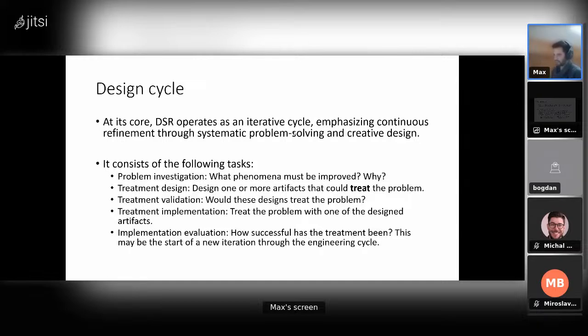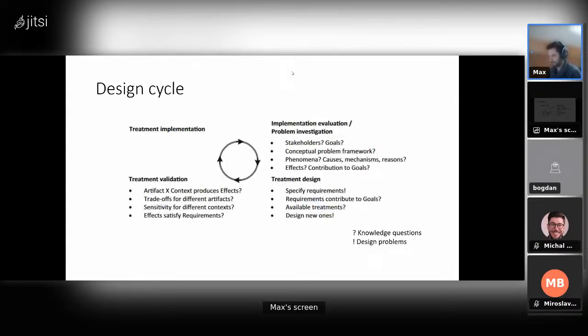So the next step is the treatment validation: would this design treat the problem? Then treatment implementation: treat the problem with one of the design artifacts. And implementation evaluation: how successful has the treatment been? Depending on this output, you can start all over again. So that's really this cycle that we see here.